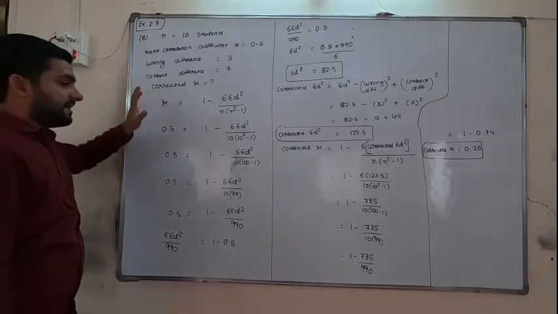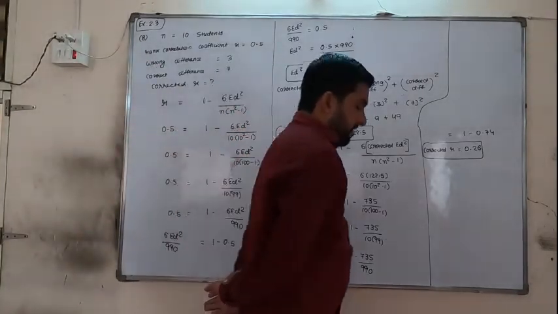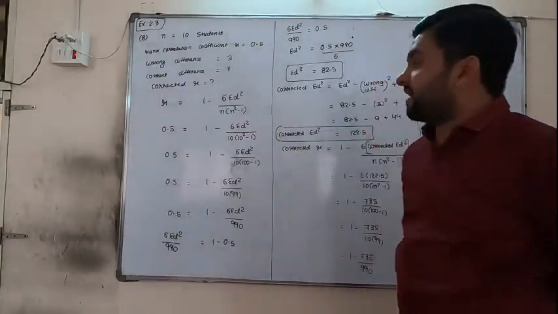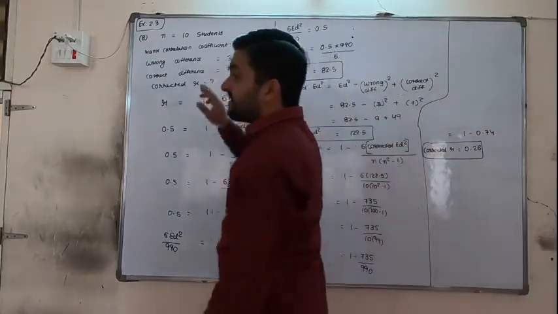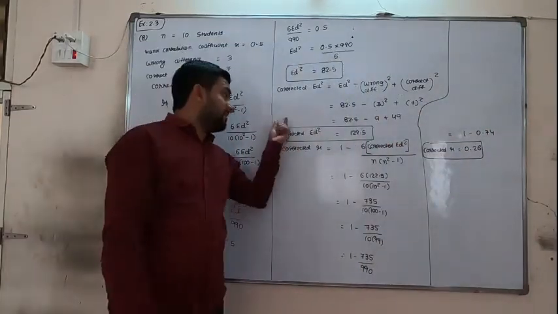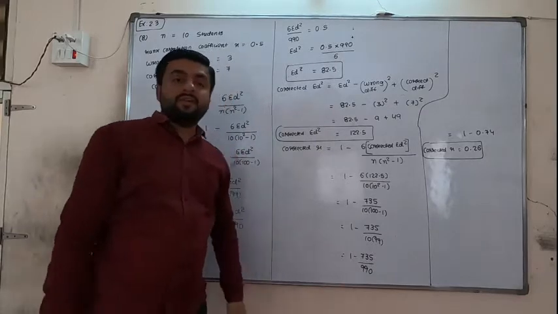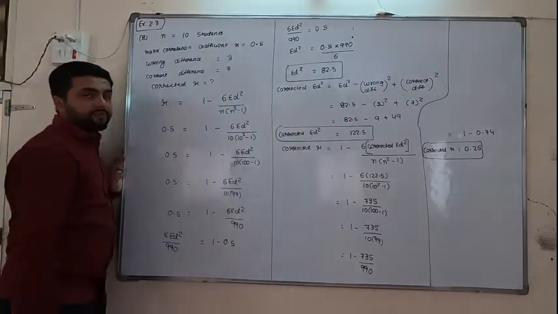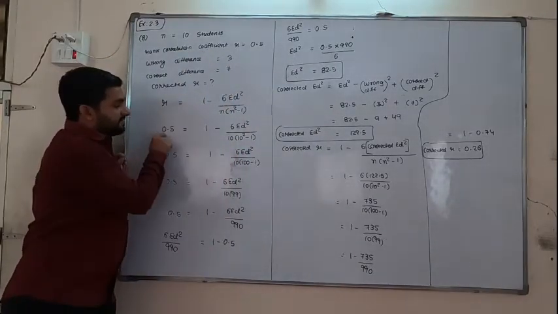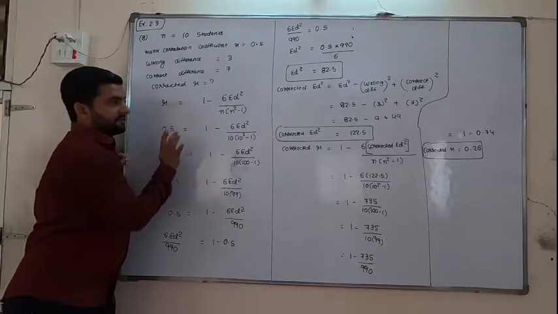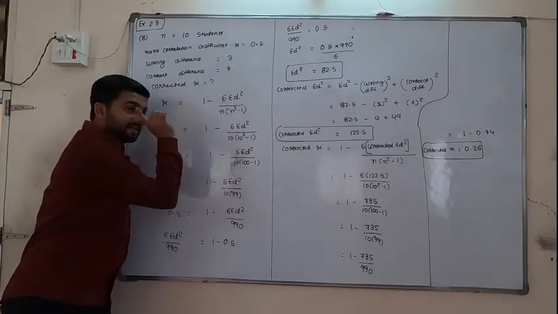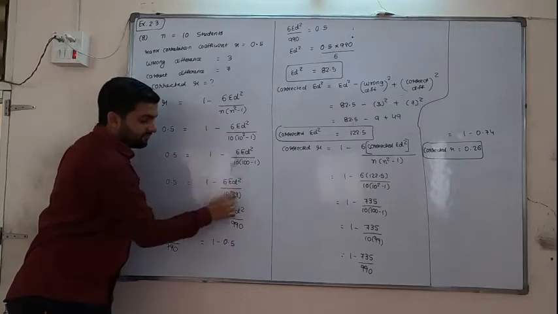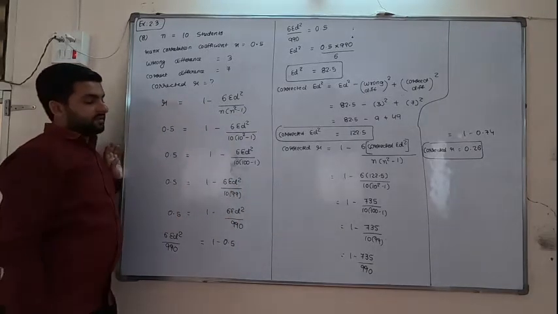Now what is the corrected value of R? For finding the corrected value of R, these differences are to be adjusted. For that we need sigma d square. Whenever we are splitting the formula, R is given, 1 is 1, 6 is 6, sigma d square we will find and n we have, so we can solve till here.